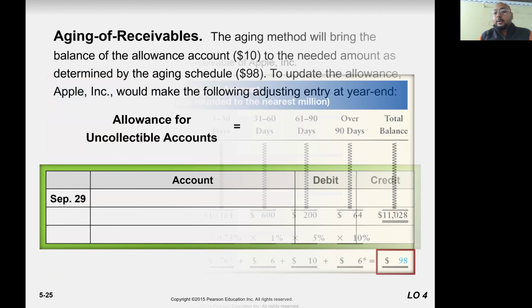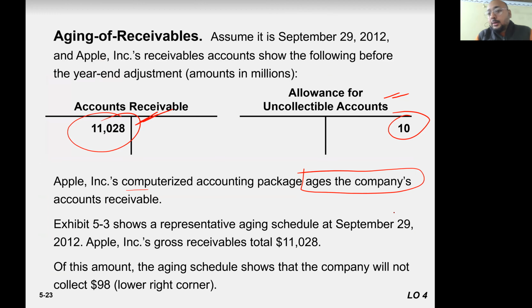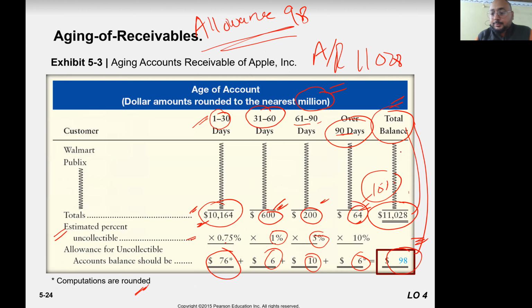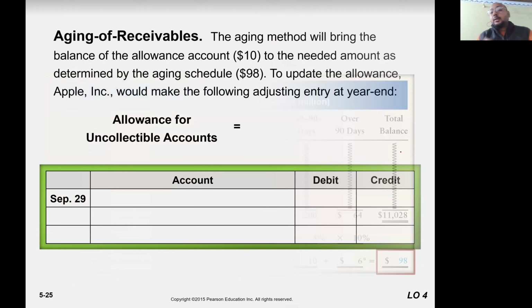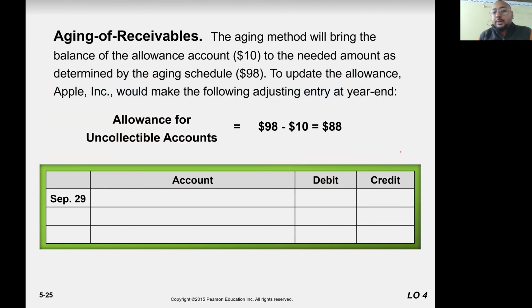So remember, total balance means here 98. All right, 98. So the allowance for uncollectible is 98 minus 10.